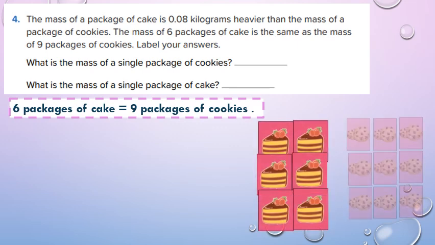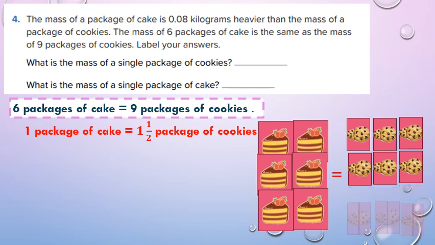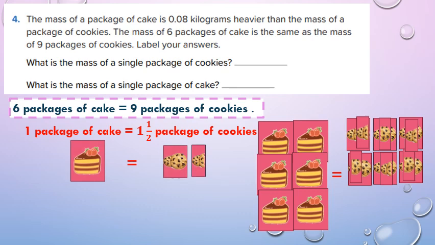We know that 6 packages of cake equal 9 packages of cookies. So 1 package of cake equals 1.5 packages of cookies. We could regroup the 9 packages of cookies into 6 groups. Each group will have 1.5 packages.